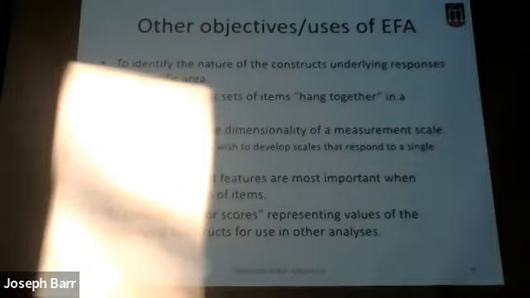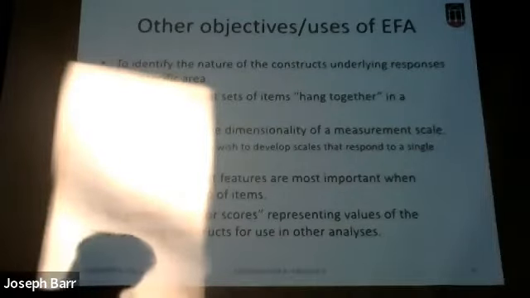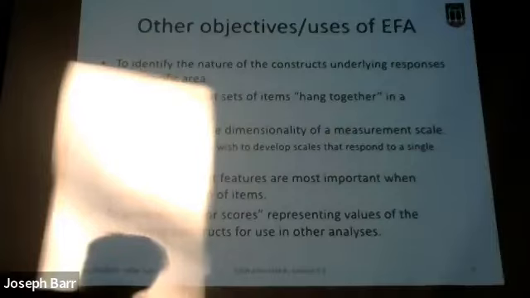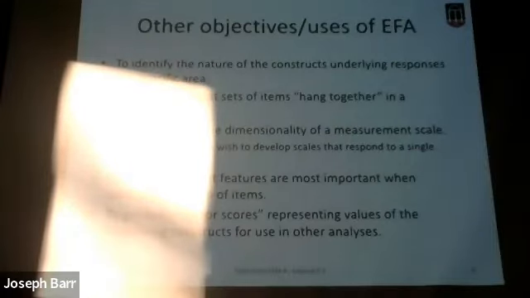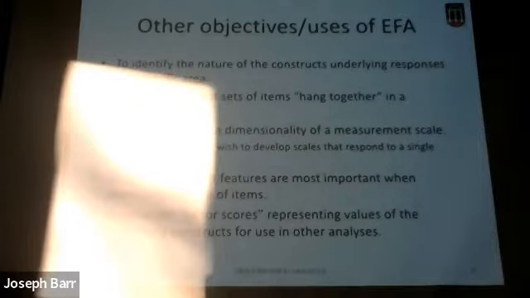So sometimes we're gonna pick some very highly correlated items, and then decide that those are indicators of some specific single factor. To determine what features are the most important when classifying a group of items. To generate the factor scores representing values of the underlying construct for use in another analysis.